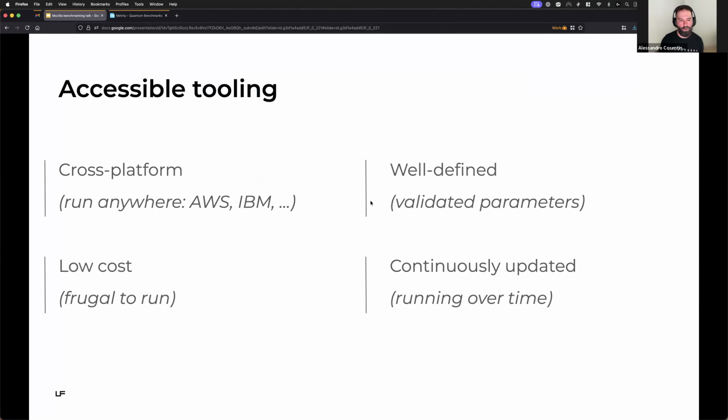We want it to be accessible in terms of cost as well, so not prohibitively expensive, because ideally we want to run them continuously over time and track progress of the field and of how the single technology is doing. And in order to make them comparable and reproducible, we want everything to be well defined and the parameters to be well validated. And we need to make sure that everyone is running really the same thing semantically.